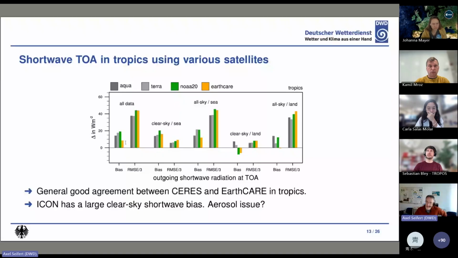But you can also see that EarthCARE groups very well with the various Sirius instruments, so it's not a clear outlier. There's some variability also between the Sirius instruments, and so here I would say EarthCARE is consistent with the Sirius data.